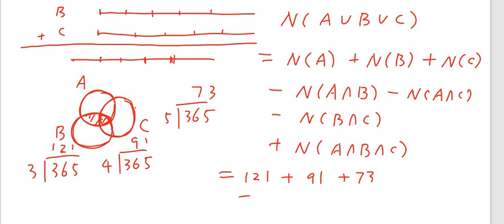How many days do both of them call her? This is the common multiple of 3 and 4, which is 12. So we divide 365 by 12, which gives 30 days when both of them call her.